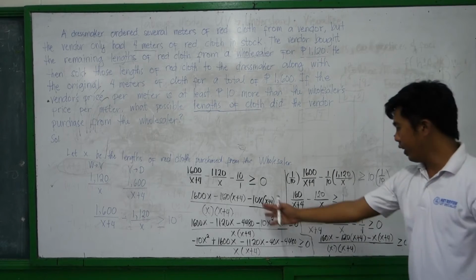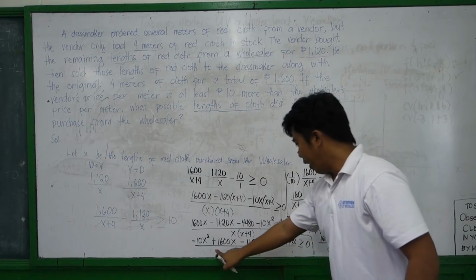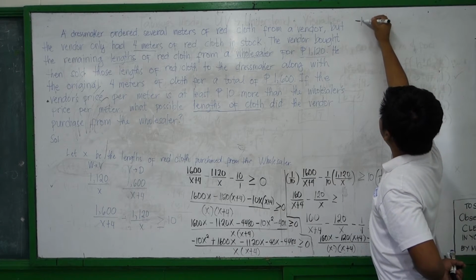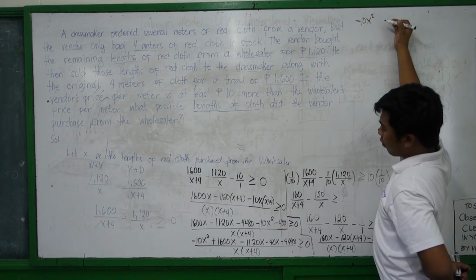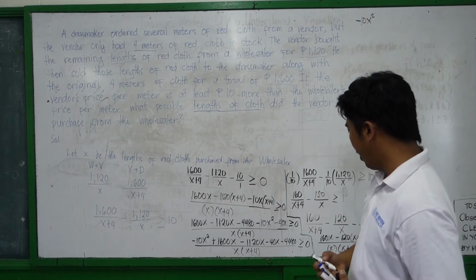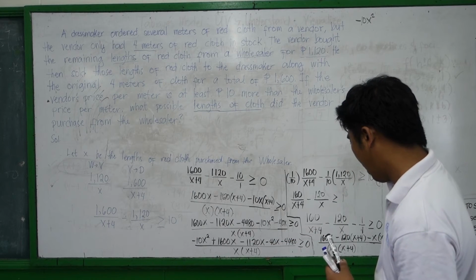Let's continue with that part. So, let's add like terms. It will become negative 10x squared. 160 minus 120 minus 40. This is 160.